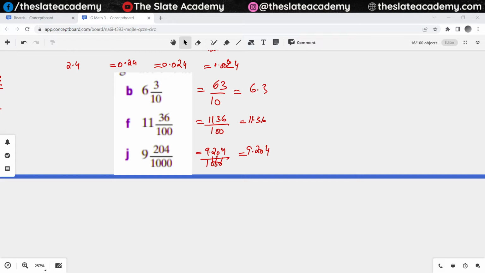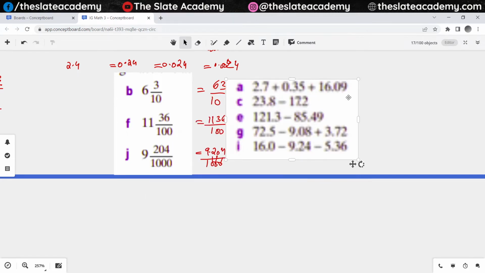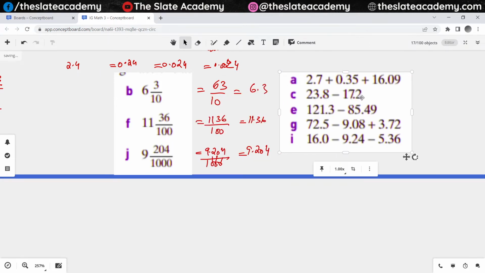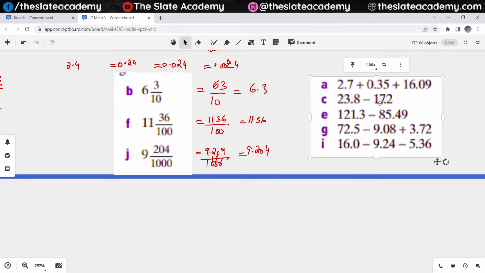With this understood, can you people manage these calculations without a calculator? Give it a try solving these without a calculator, and let's see if you are able to get the answers.